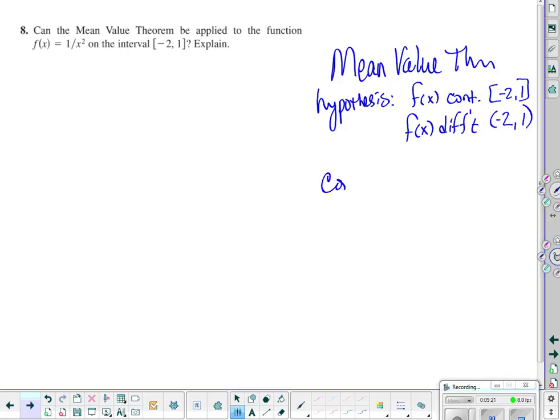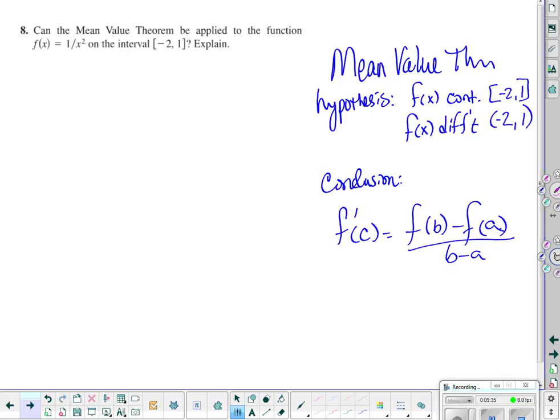And then our conclusion, if those things follow suit, the conclusion is f prime of c is equal to f of b minus f of a over b minus a, where we interpret this as the slope of the secant line, or basically the line that passes through the endpoints 1 and the other x endpoint -2.